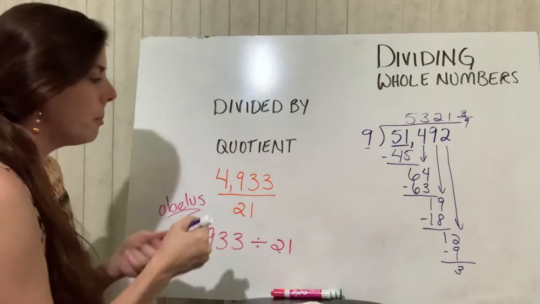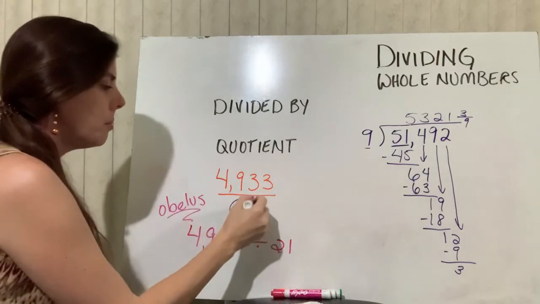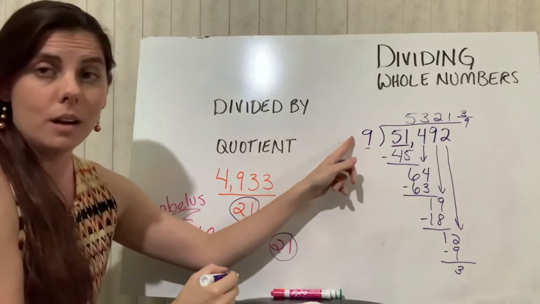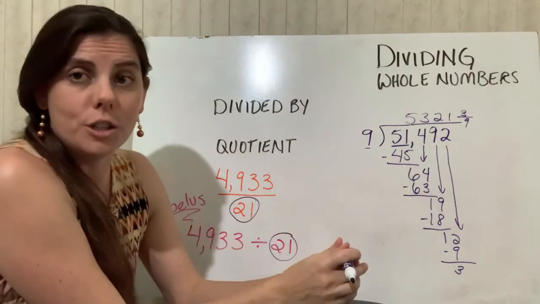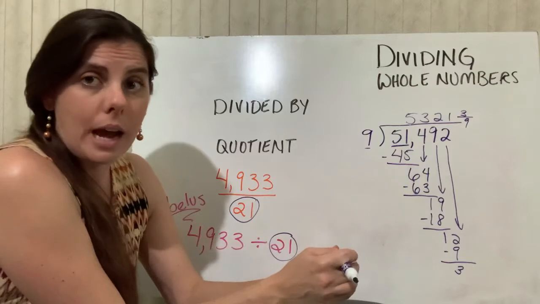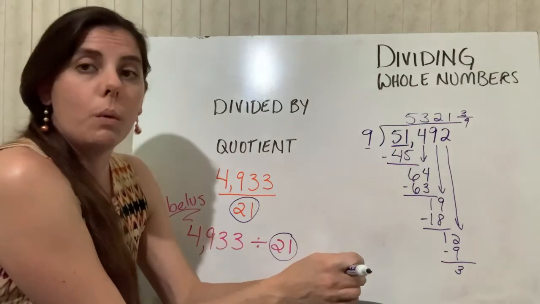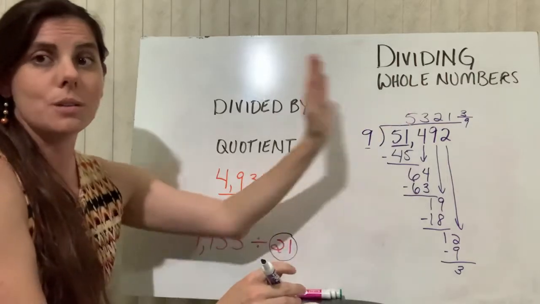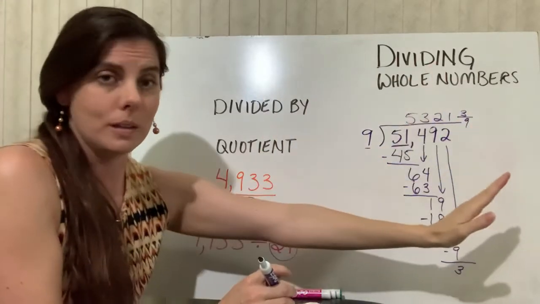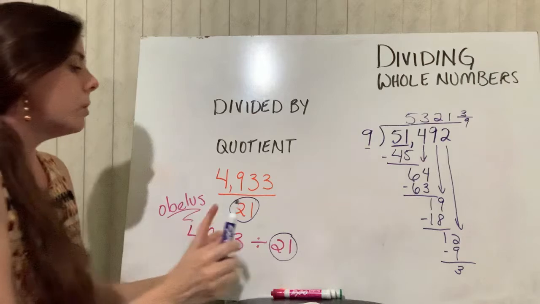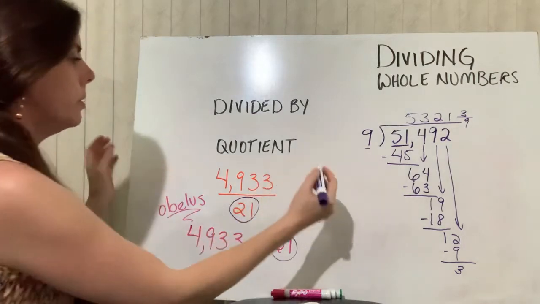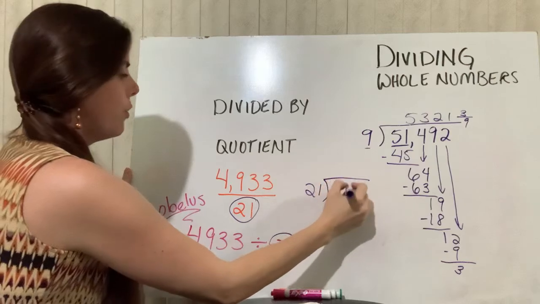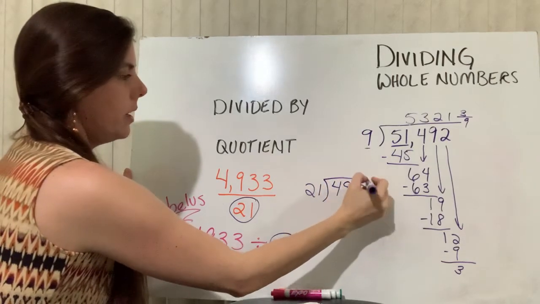What we want to remember is it's the bottom number or the second number that goes on the outside of our long division, so that when we do our long division, it's set up correctly. We want our divisor on the outside, our dividend on the inside. So if we're doing this problem, we would write it with the 21 on the outside and the 4933 on the inside.